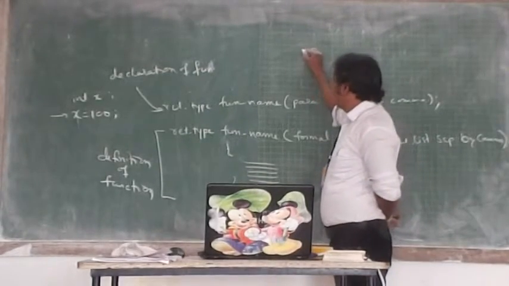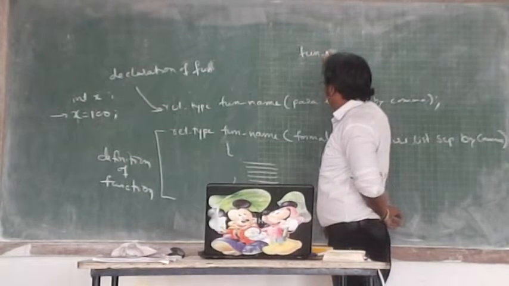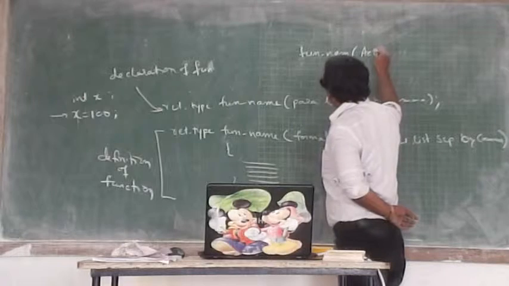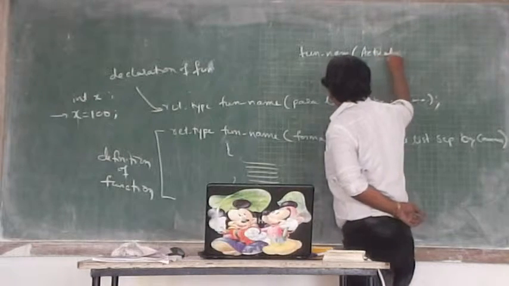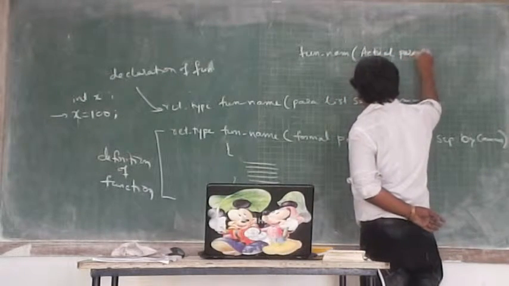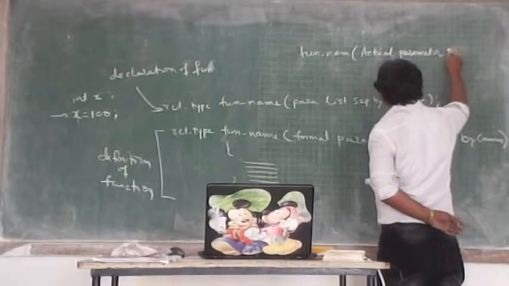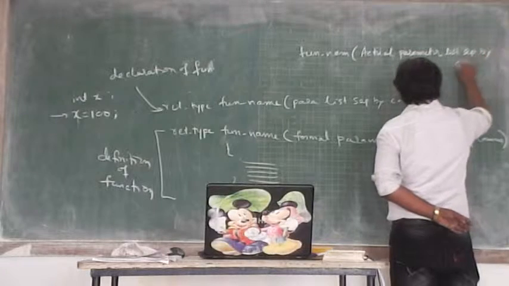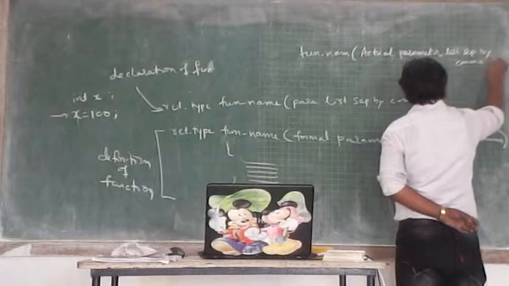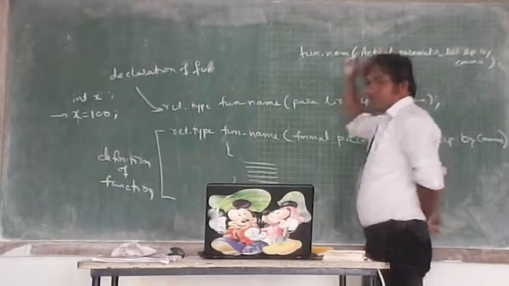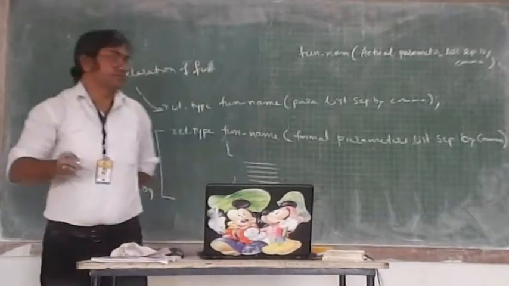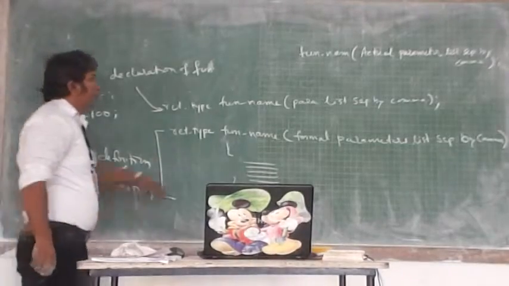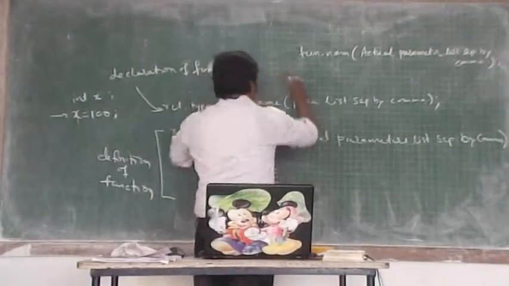The formal syntax is function name, actual parameter list separated by comma. Here you need semicolon. So this is the way to call the function, use the function.